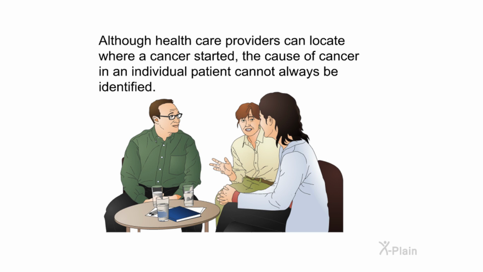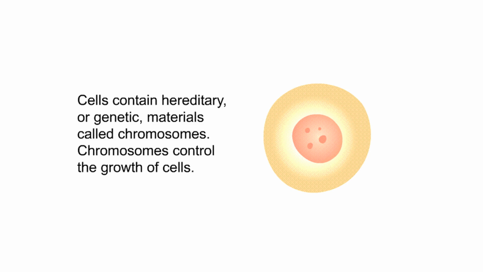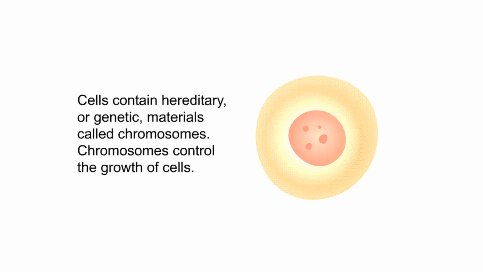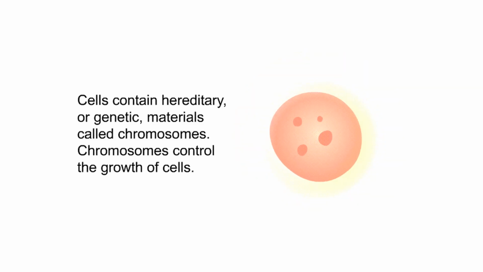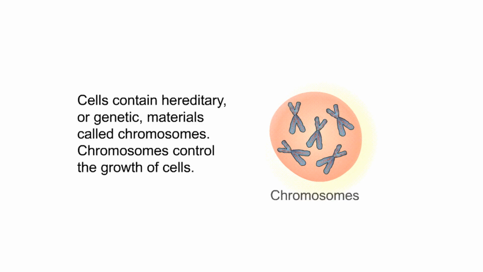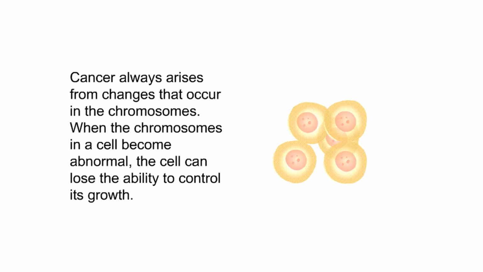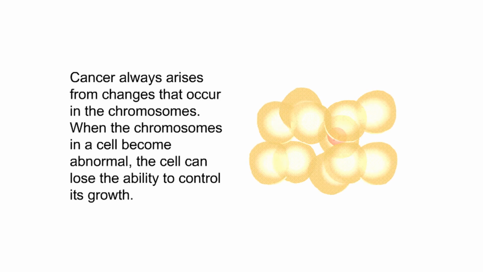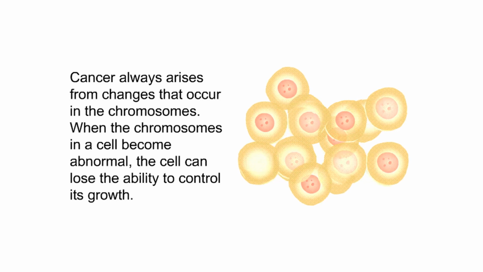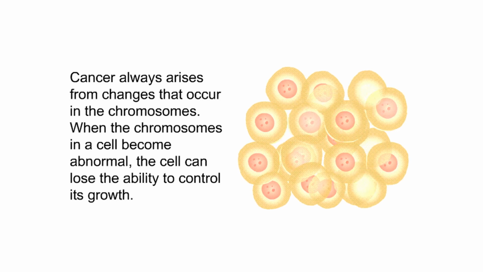Although healthcare providers can locate where a cancer started, the cause of cancer in an individual patient cannot always be identified. Cells contain hereditary or genetic materials called chromosomes. Chromosomes control the growth of cells. Cancer always arises from changes that occur in the chromosomes. When the chromosomes in a cell become abnormal, the cell can lose the ability to control its growth.